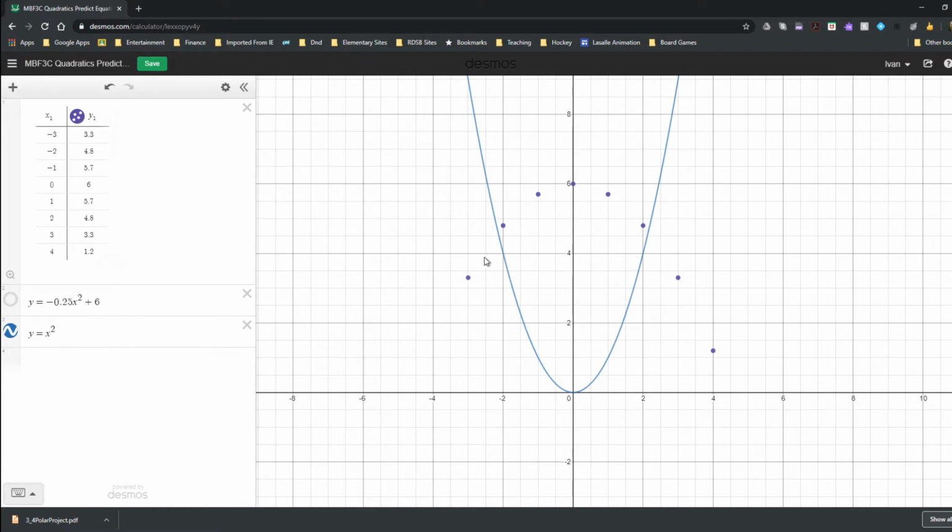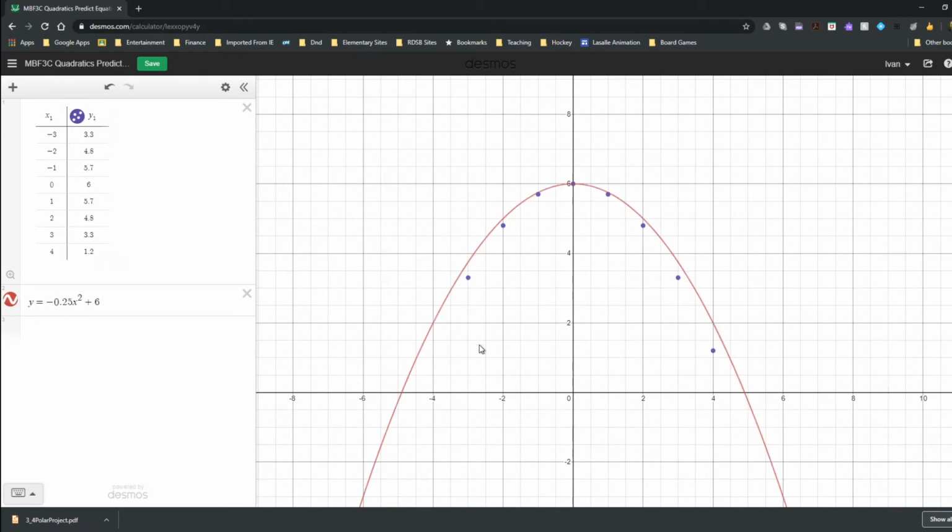On top of that, the vertex of the parabola, which is usually at 0, 0, is now up here at 0, 6. So I had mentioned, and it was this equation that we had left off with, if we add 6 to our quadratic, we will move the vertex up to where it's supposed to be. And then if we make the starting number negative, we're going to get a parabola that's upside down.